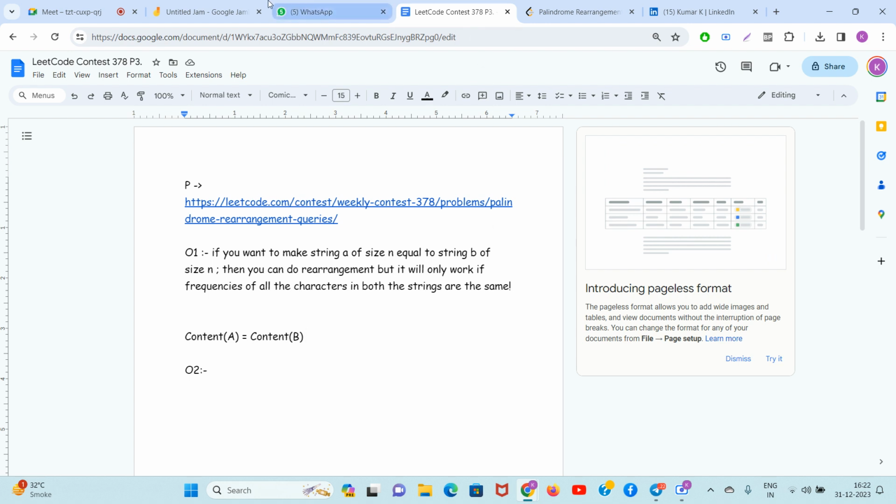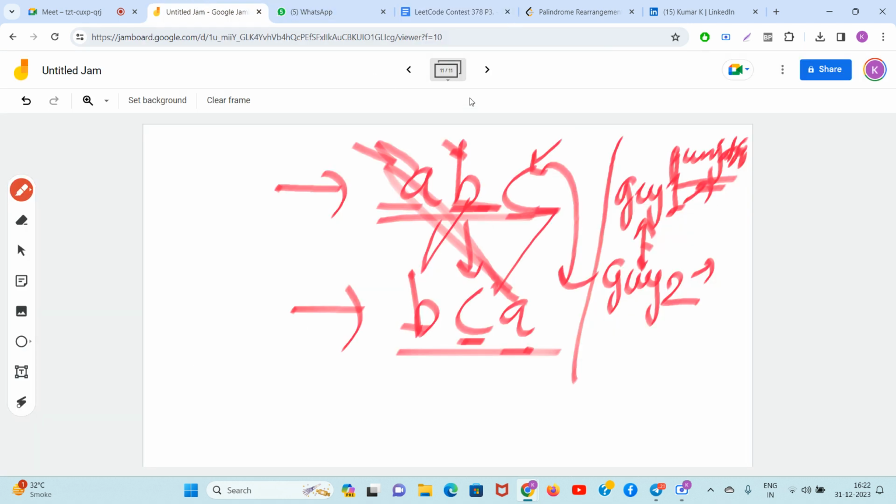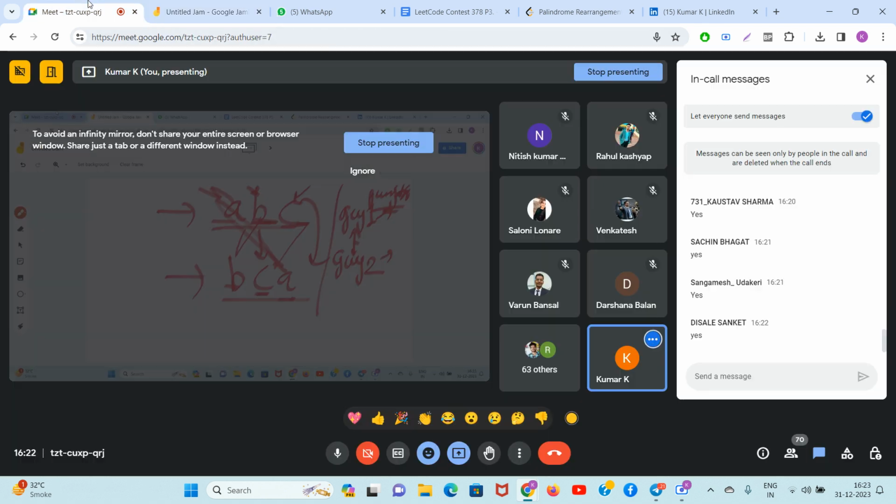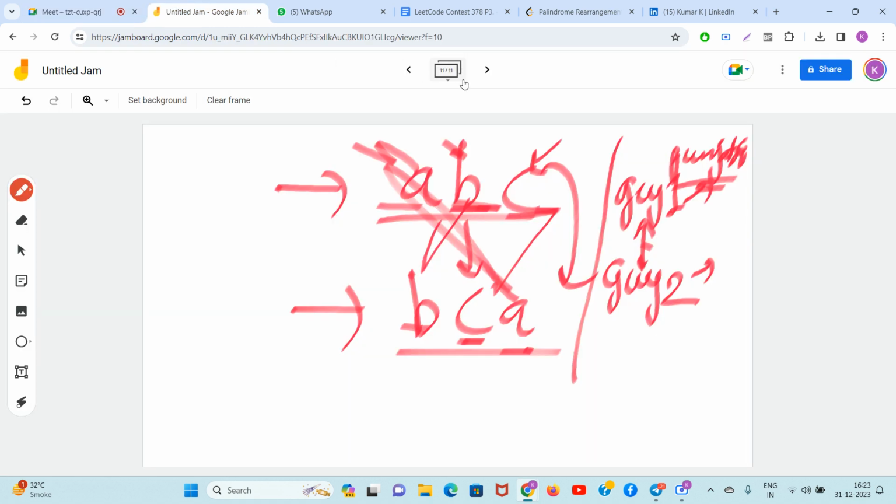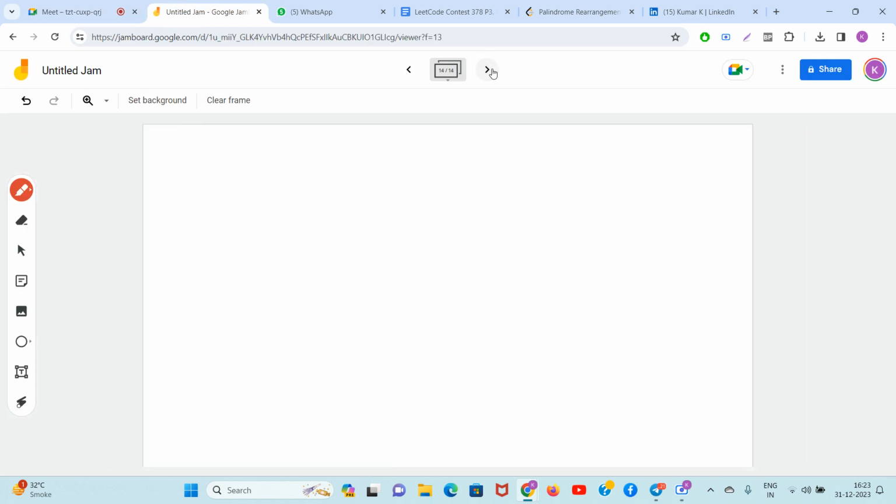Okay. So guys, the question is also clear to you people that we are given two ranges and we want to convert our string into a palindrome, right? So now, very, very important, listen to me carefully.